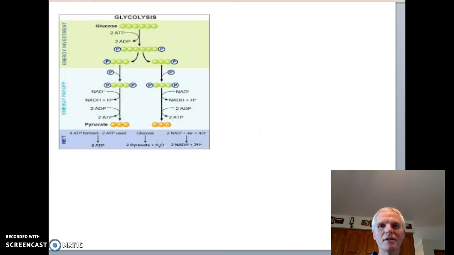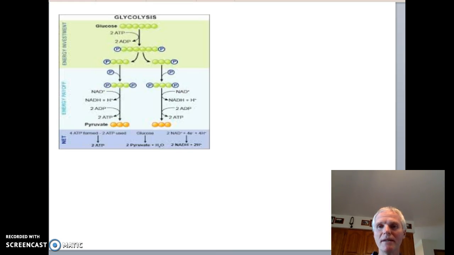The blue section is showing that you get 2 molecules of NADH produced and 4 molecules of ATP because you combine left and right side. And so you end up getting 2 molecules of pyruvate at the end, 2 molecules of ATP total because you used 2 up at the beginning, and you get 2 molecules of NADH.